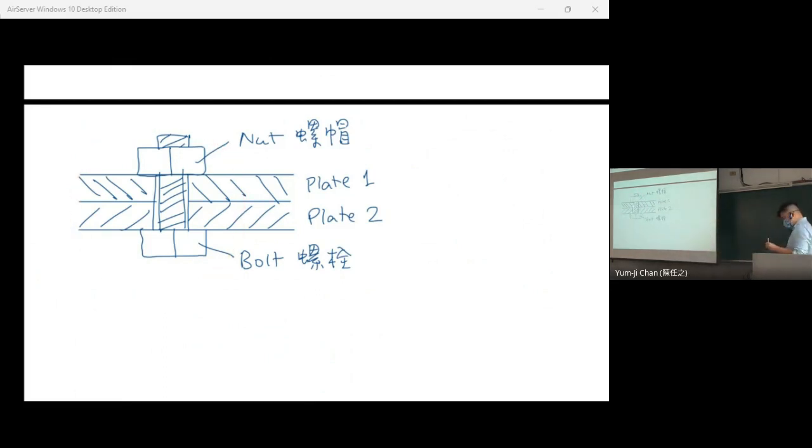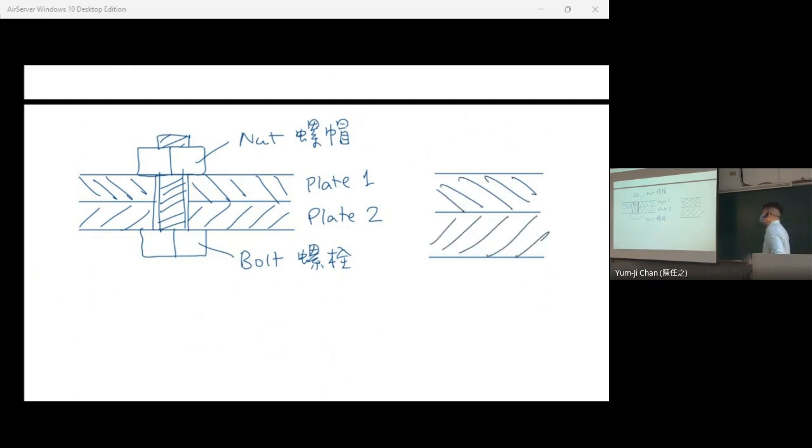Let's look at the free body diagram of the plates. Do the bolt and nut put compression onto the plates or tension onto the plates?